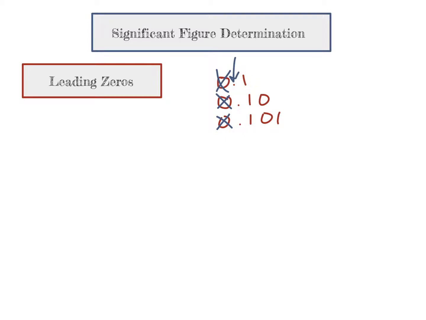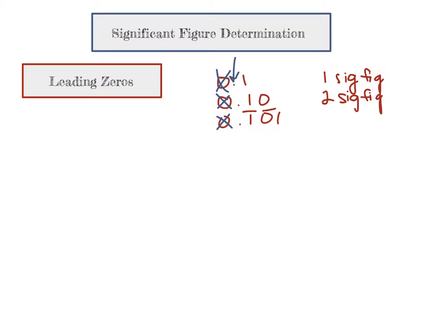So we would count that as one sig fig, or a significant figure. The next number has a non-zero digit and a 0. So we would call that 2 sig figs. And we need to report both of those numbers.